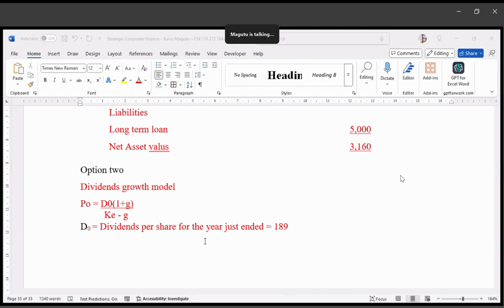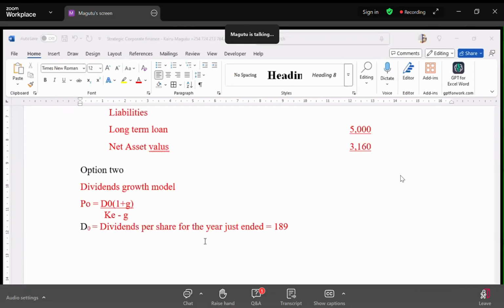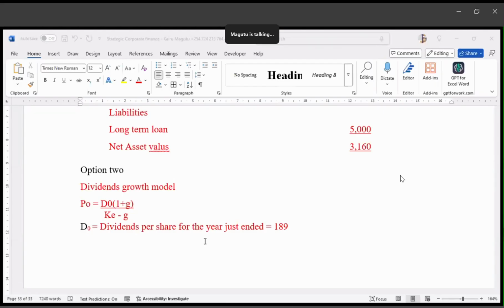So note 5: should MG acquire Nyabugogo Limited, it is expected that the turnover will grow at 5% per annum for the foreseeable future. The above turnover is based on the million cubic liters that Nyabugogo may process per year, which is currently 6.5 million cubic liters at a price of 1,000 liters. 5% revenue will increase, so we are assuming this will be the same even on the dividends.